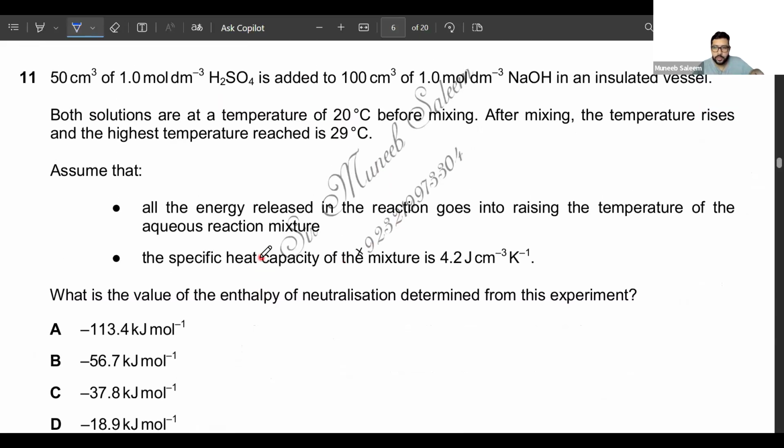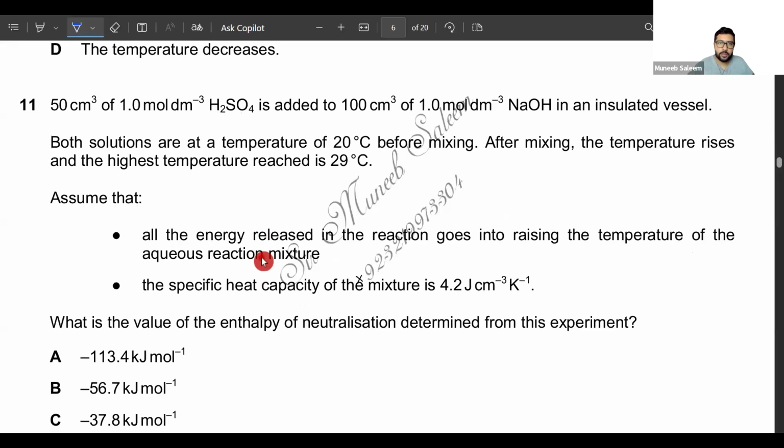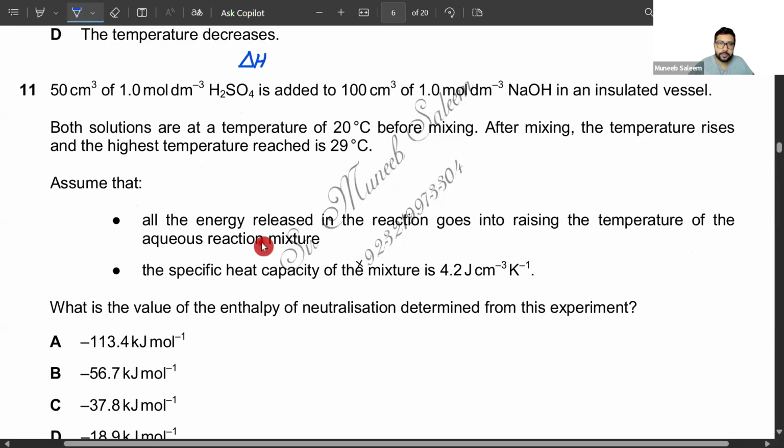For this purpose, we need to convert the volume and concentration of sulfuric acid and NaOH into their respective moles, because we remember the formula to calculate the enthalpy: delta H is equal to minus mc delta T divided by n into 1000. Now we need to know the value of n. It is the reaction between acid and base to produce salt and water.